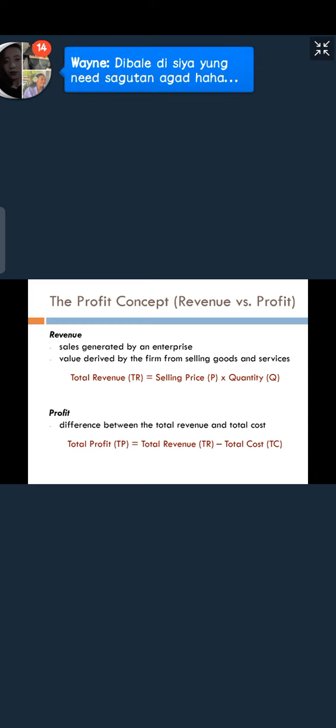Earlier, my example is a ballpen. You're selling it at 10 pesos. However, the cost of producing a ballpen is 5 pesos. If your revenue for selling 2 ballpens is 20 pesos, how much will be your profit?